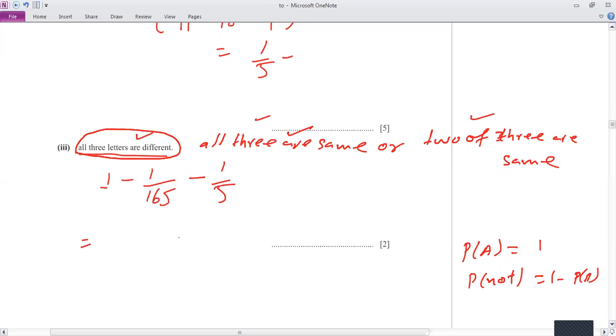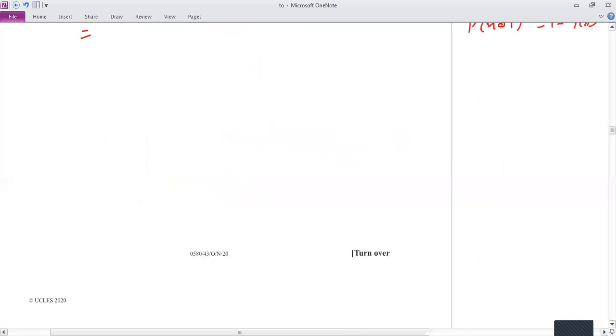Now calculate it, please. Shouldn't it be addition? Like 1 over 165, okay, then you can put the bracket. It is 1 minus these two, because it is an or, you can say it is addition. The answer is 131 over 165. If you don't want to put the bracket, you can subtract both of them. The answer will be the same. It will not affect.